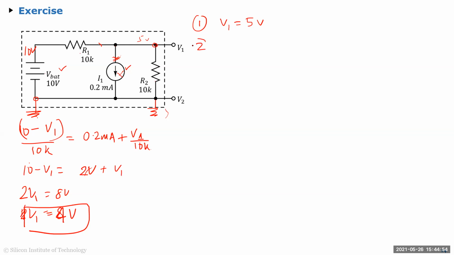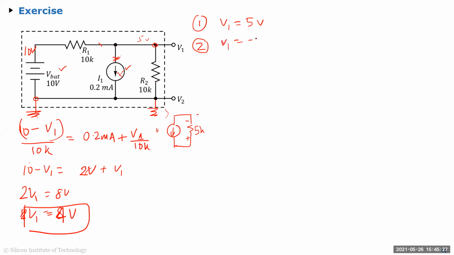In the second one, you have just the current source, but you remove the battery. When you remove the battery, you're making VBAT equal to 0, which means you want to short it, right? If you short it, then this is the current source with 10K, 10K in parallel, so you get 5K. The current which is flowing is actually in this direction, so it's 0.2 milliamps times 5K, so minus 1 volt.